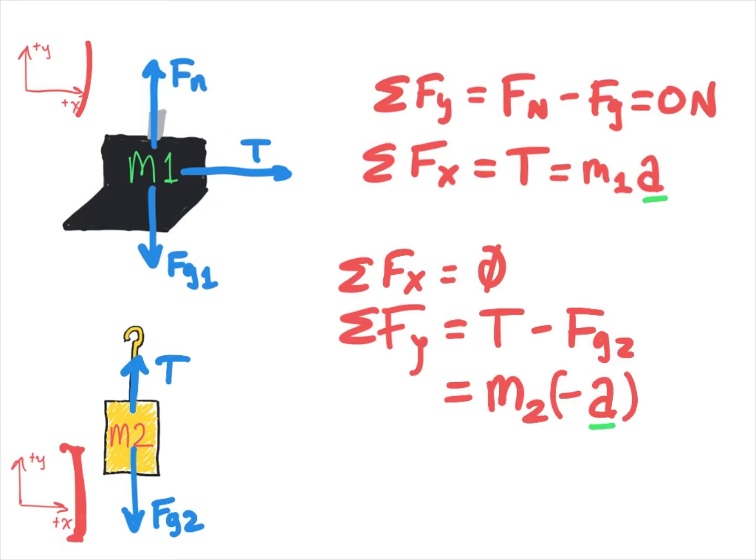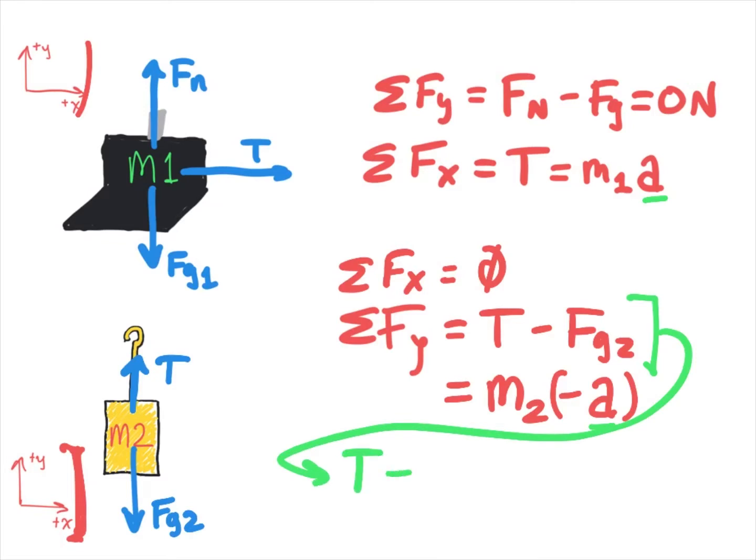Now, at this point, I want to take the expression for the forces in the vertical direction and flesh them out just a little bit. So I'm going to rewrite them as the tension acting upward minus the weight of mass 2, which I can replace with m2 times the acceleration due to gravity, and I can set that equal to, again, what I had before, mass 2 times the acceleration of the system.